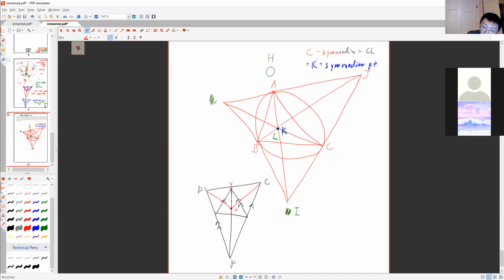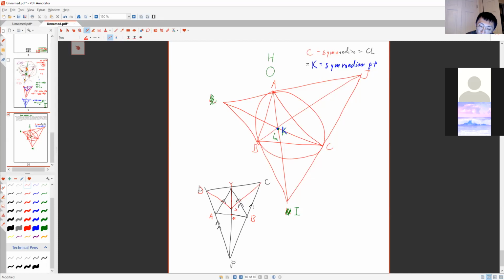So Y to, let's just call this point M. YM is both a median in ABY, and PM is also the same line as a median in PAB. So maybe that can be useful. But I know from that other USAMO problem that X is the symmedian point, I think.